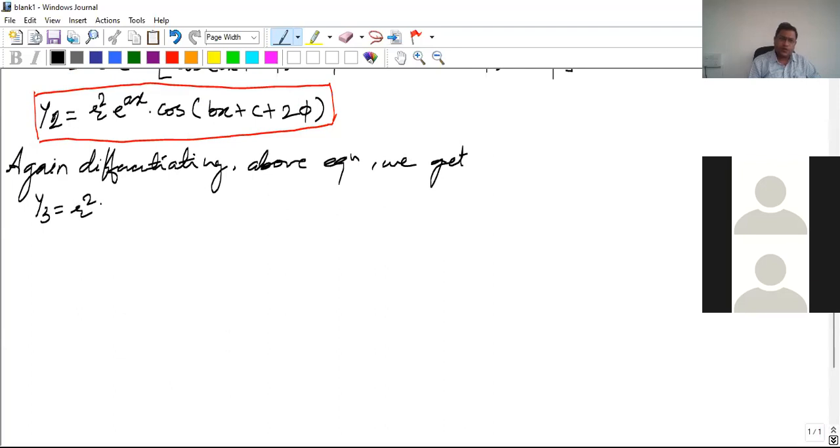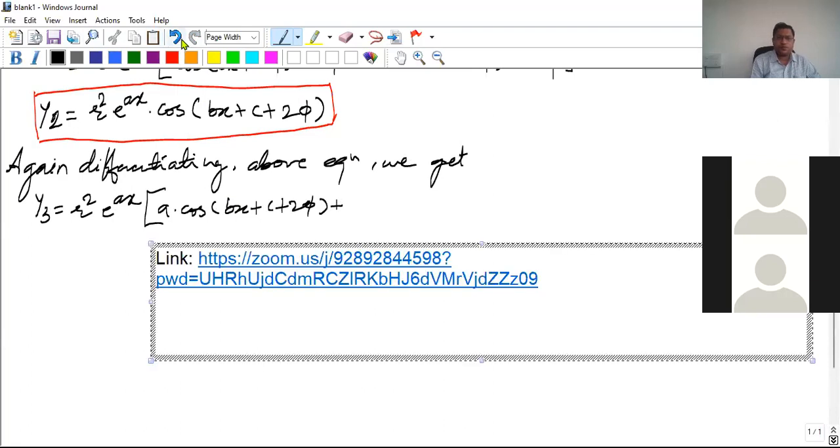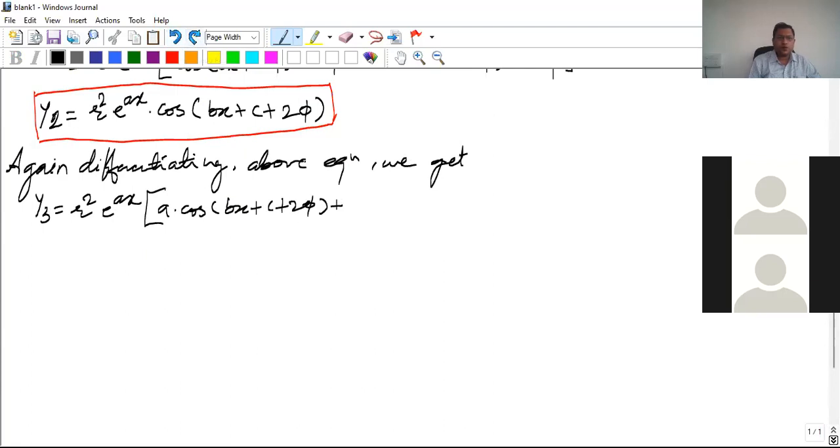So we have r square e raised to ax, a cos of bx plus c plus 2 phi minus b sine of bx plus c plus 2 phi.